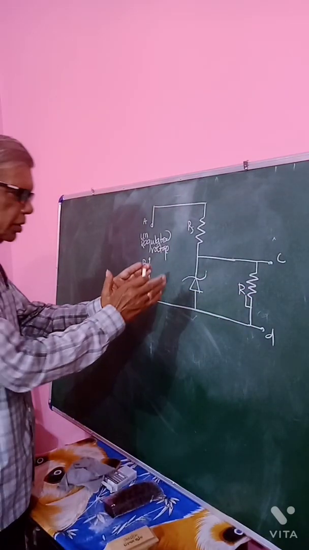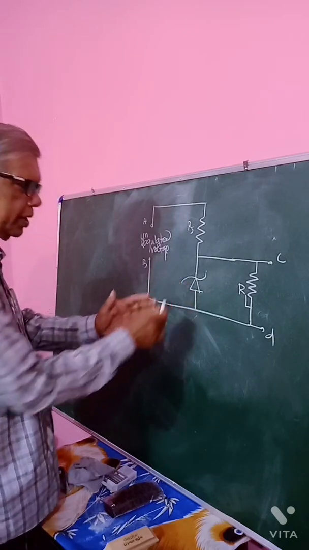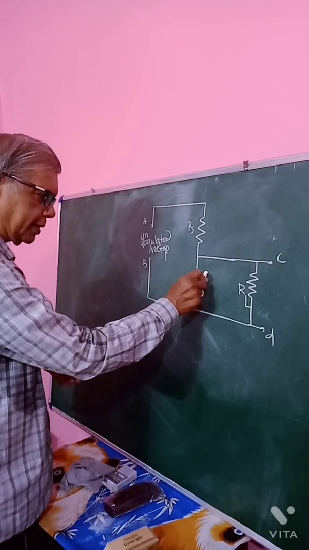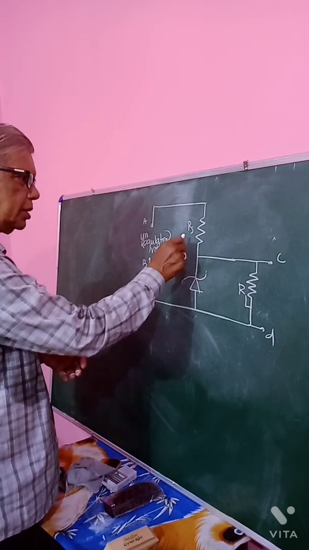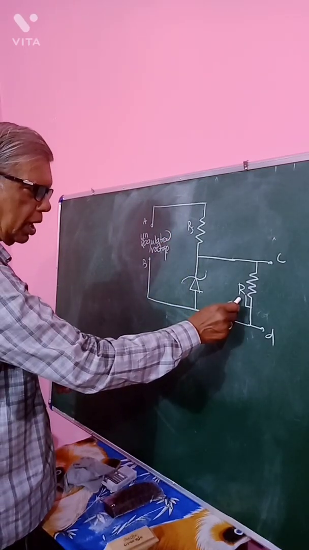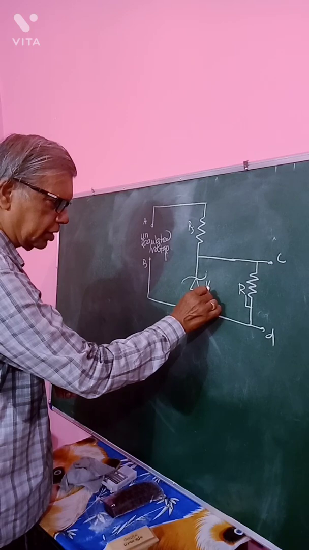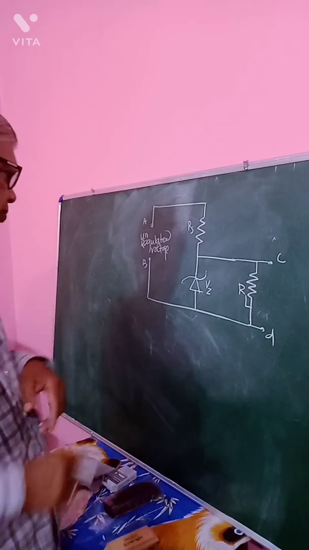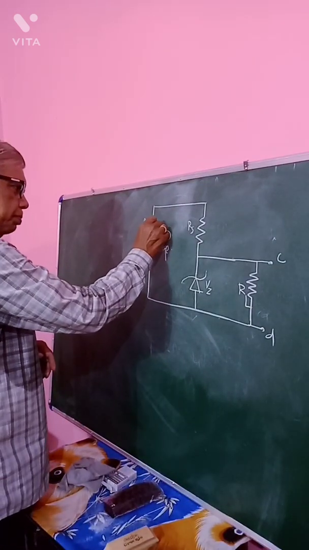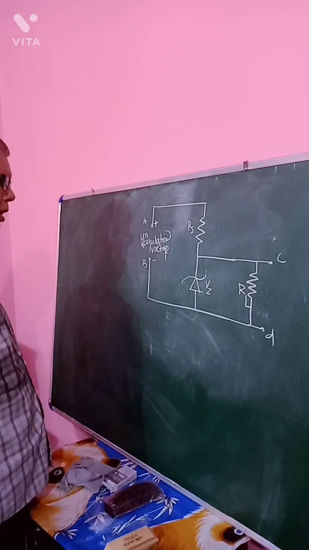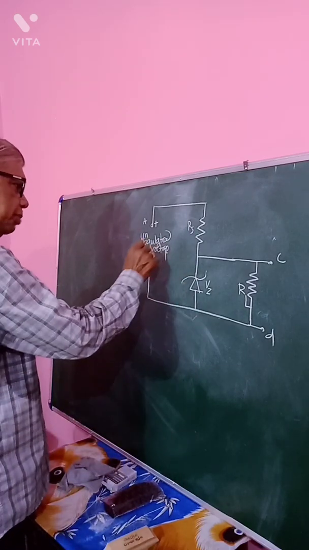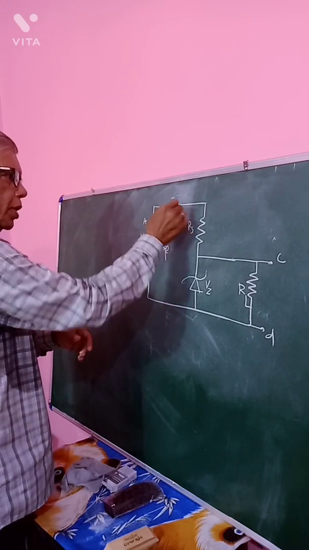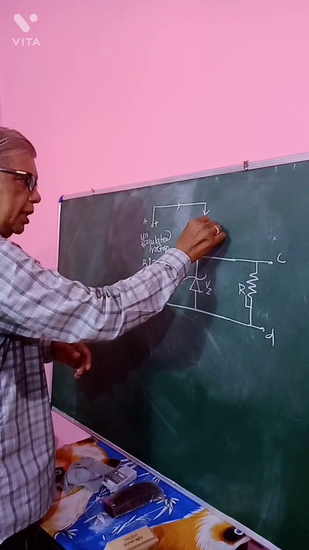Now, the Zener diode is operated under reverse biased condition. This is the N section, this is the P section, series resistor and RL. Say Vz is the Zener voltage at which Zener breakdown occurs. Now, what happens? Because of the unregulated voltage, a current, say IS, flows in RS.